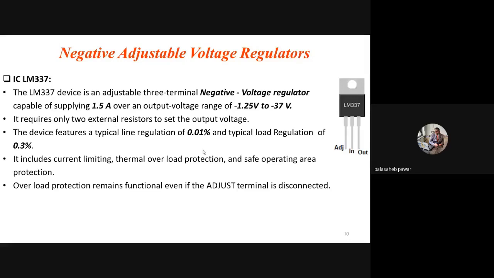Positive DC voltage we generally prefer in so many applications, but similar to that, where do we require negative DC voltage? Can anyone give any single example?